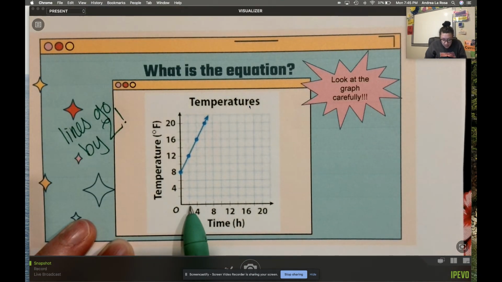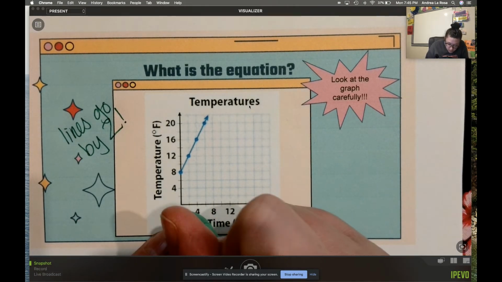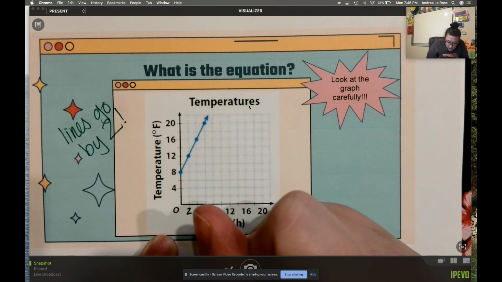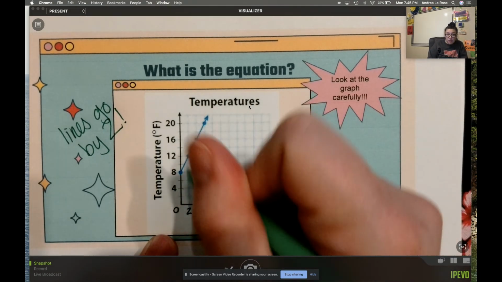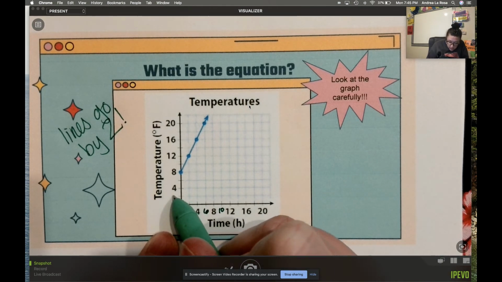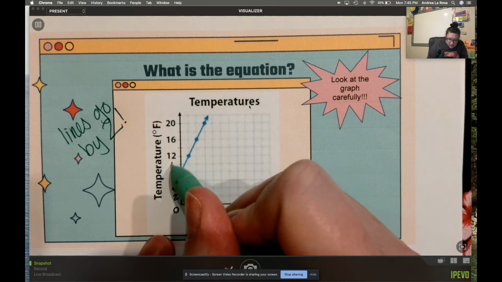It's not 0, 1, 4, 5, 8. That doesn't make sense. It's 0, 2, 4, 6, 8, 10. And it's the same over here. 0, 2, 4, 6, 8, 10.